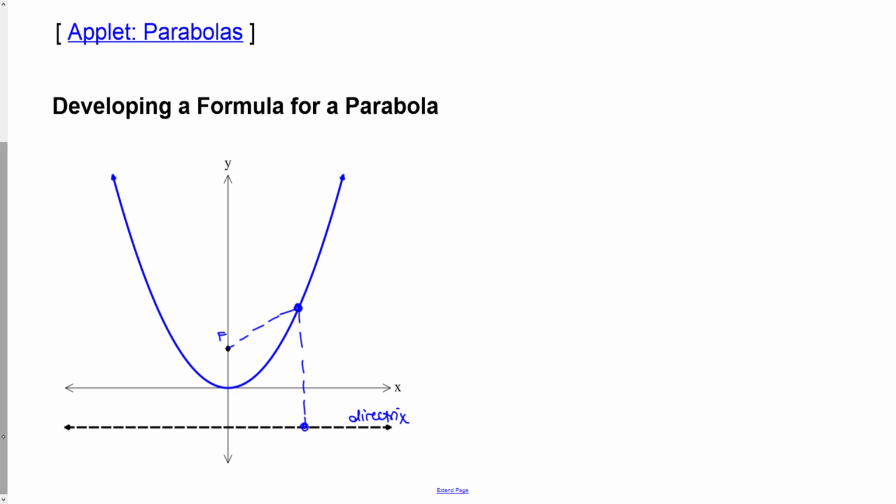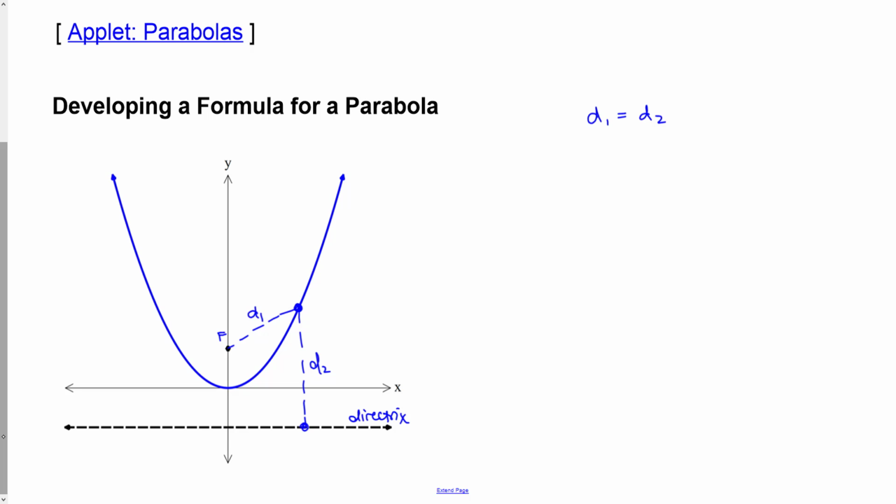So what I need to do then is define these two distances. I'll call this distance 1 and distance 2. And one thing we know is they are equal. We just showed in the construction applet that those two distances are equal.